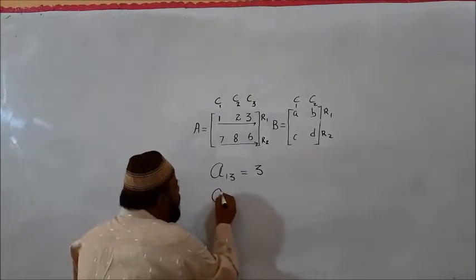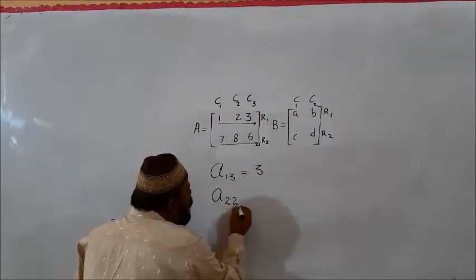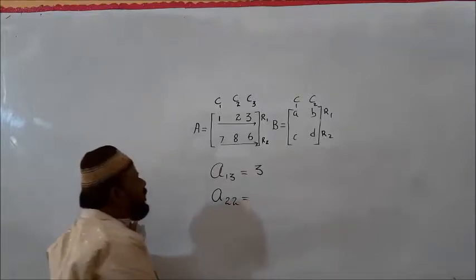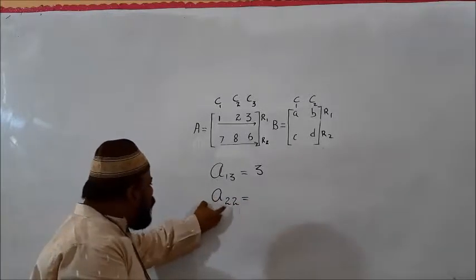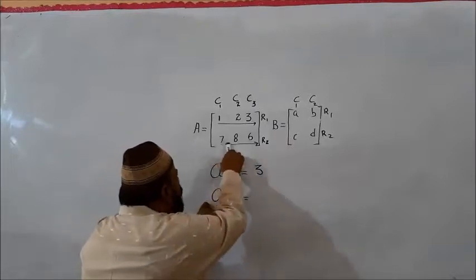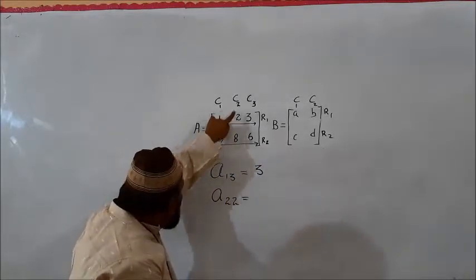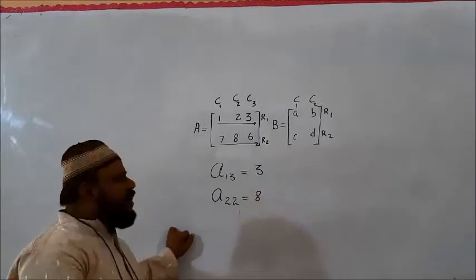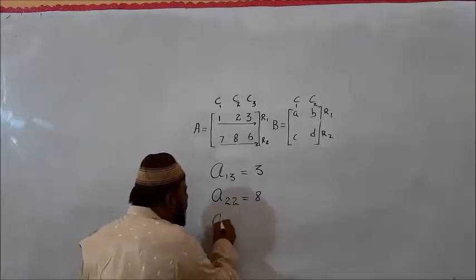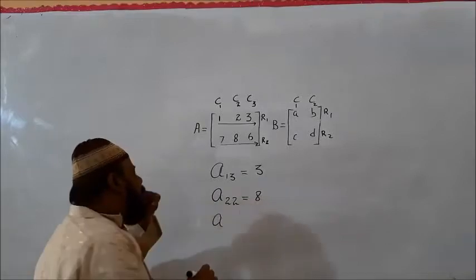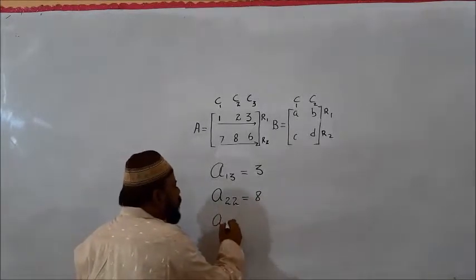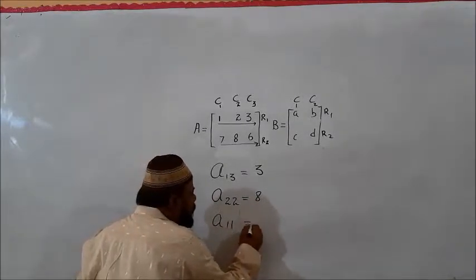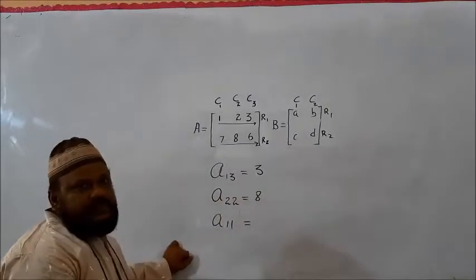A22. A22 means row and column number 2, means 8. Write here 8. For example, A11.